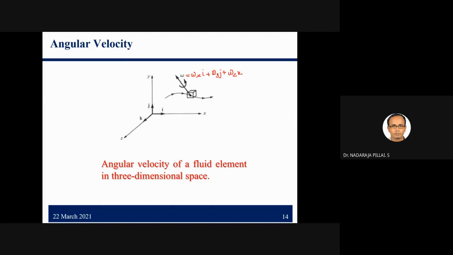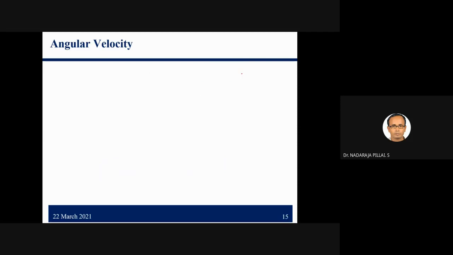Now, the angular velocity of a fluid element has an important role in theoretical aerodynamics. So, usually we express a component called 2 omega, which is twice the angular velocity, and is called vorticity.